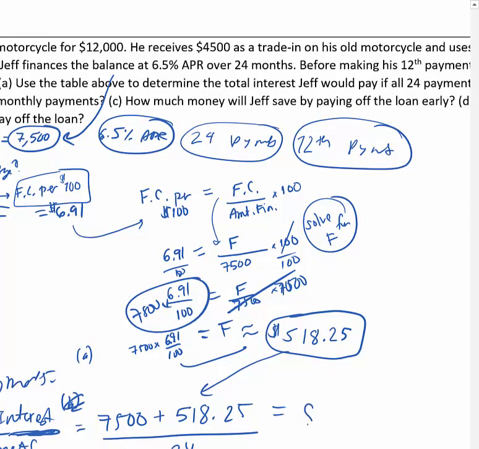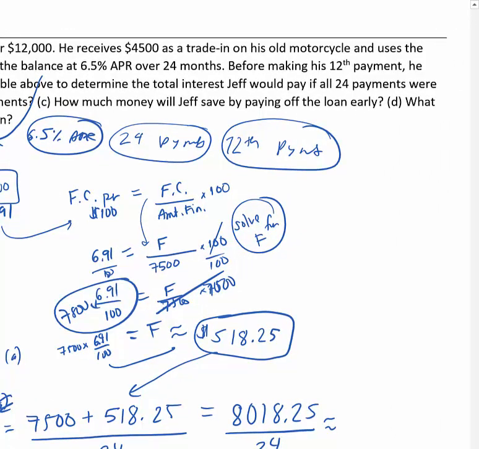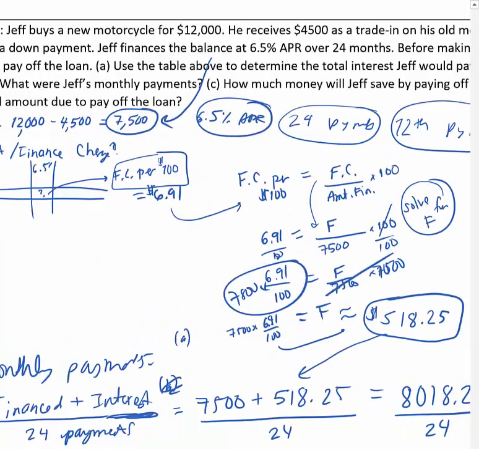We'll add those and then divide. That's 8018.25, if you add the numerator, divided by 24. Alright, what do we get there? 334.09 is what I got. So that's how much his payments were each month.